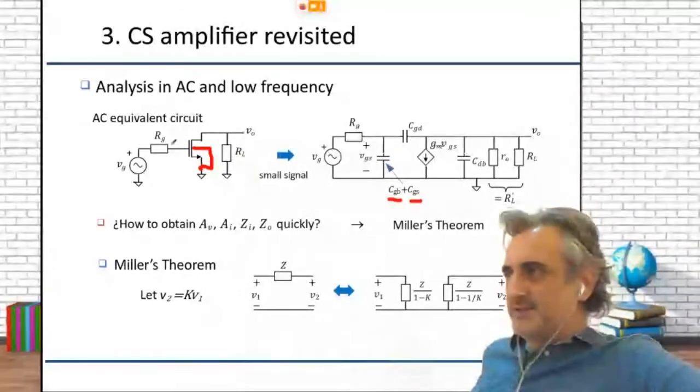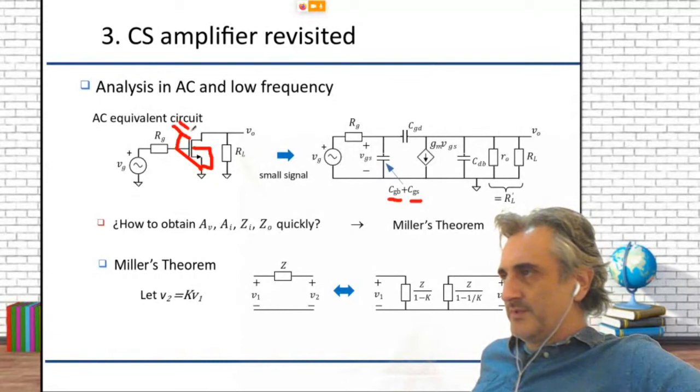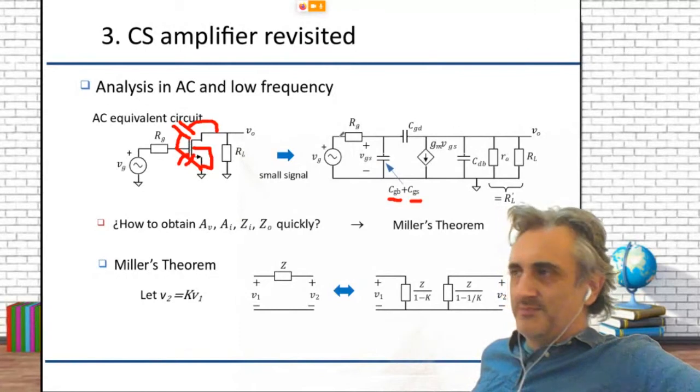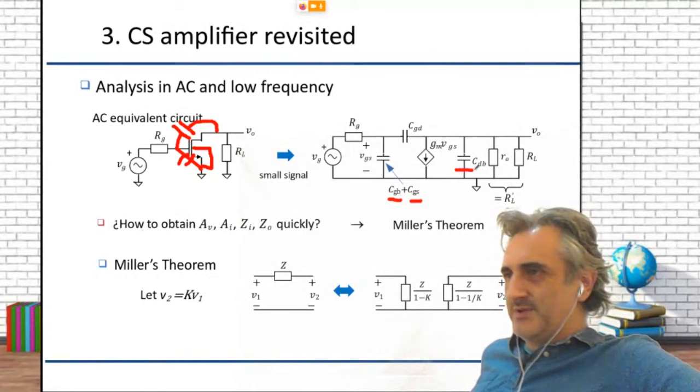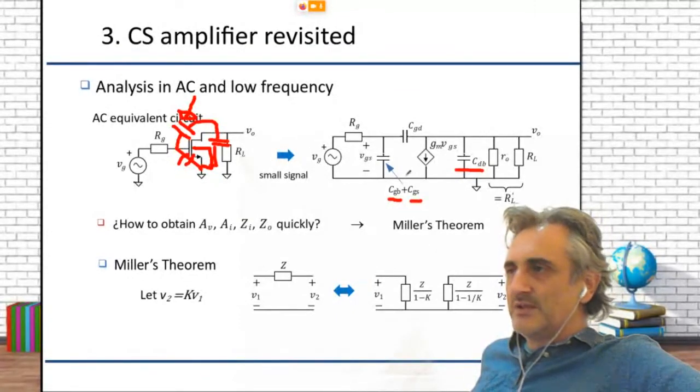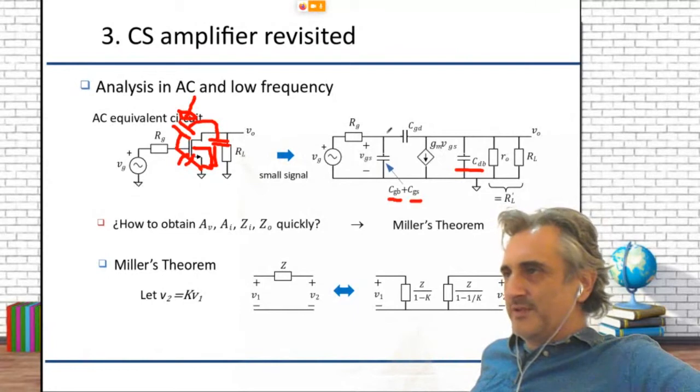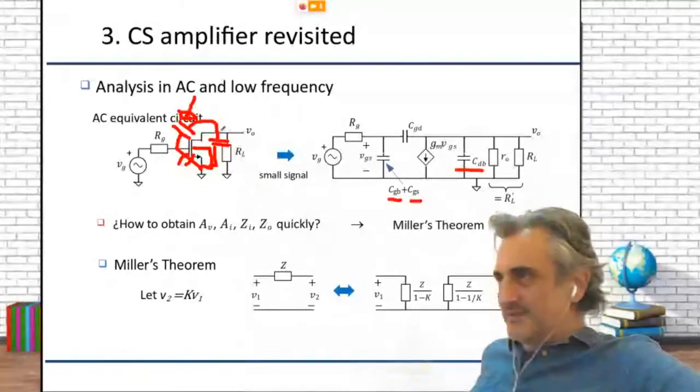The output capacitance is this capacitance here. You have also this capacitance here, and the other capacitance. So this capacitance is just this one, between the drain and the bulk, here. And you also have these other two. And then, sorry, it was this one.